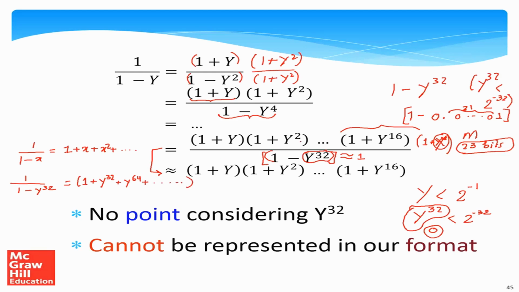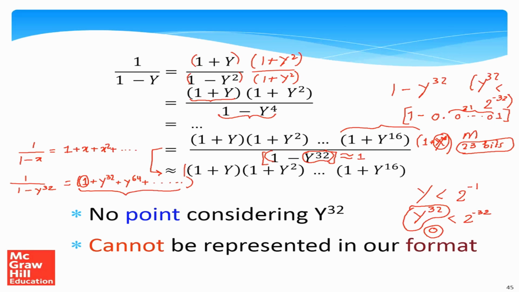If I expand the denominator using this particular series expansion, the 1 will get multiplied with the numerator, but if any of the other terms get multiplied with the numerator, there will be no way of representing the product, because all of those numbers will be less than 2 to the power minus 32, given the fact that y is less than half, and they cannot be represented. So since they cannot be represented, they'll have to be ignored, and that is why we ignore the denominator.